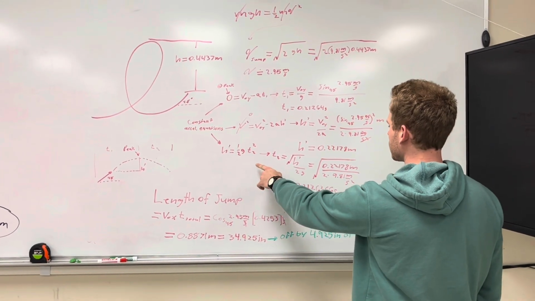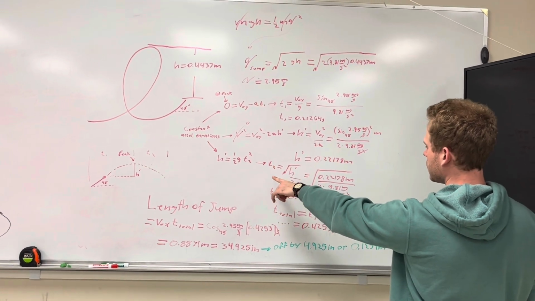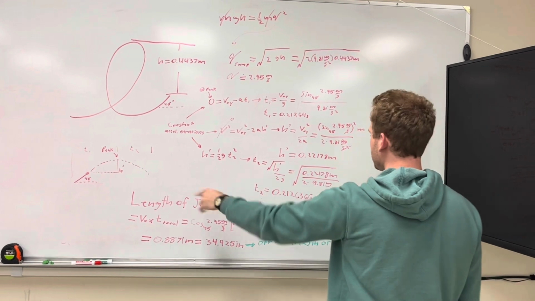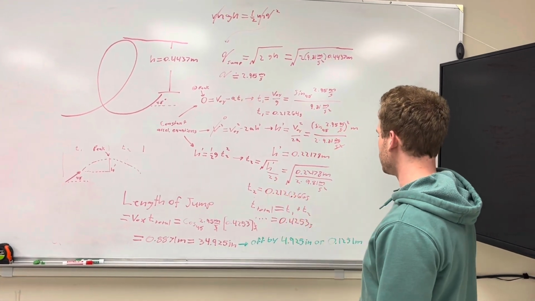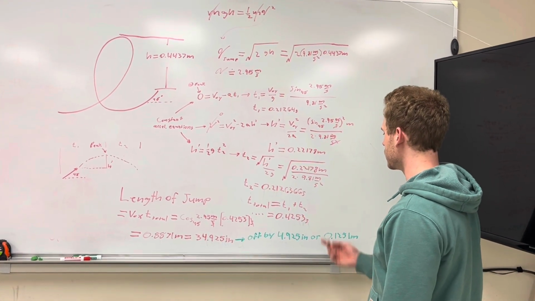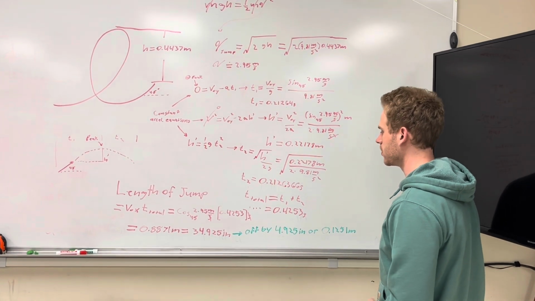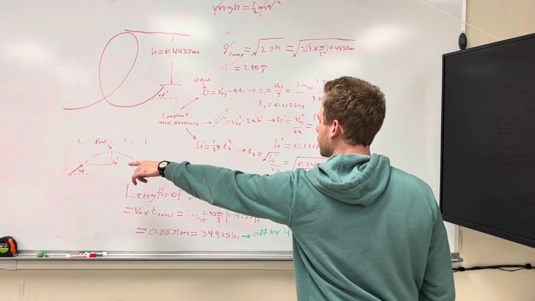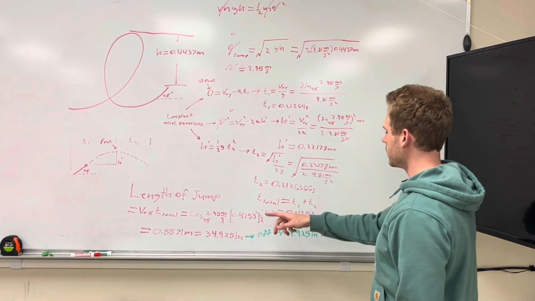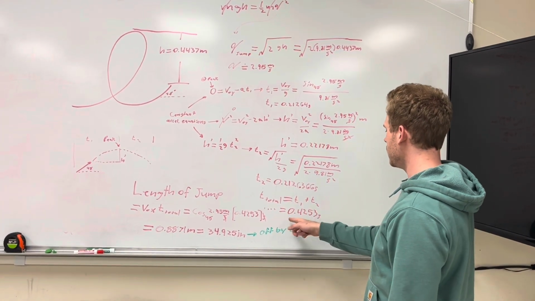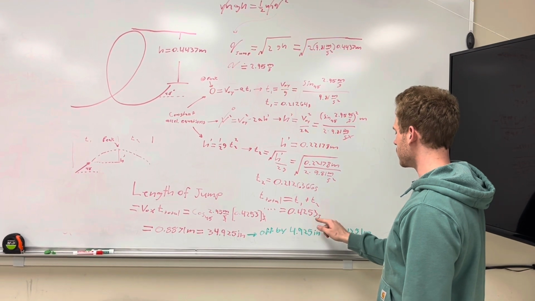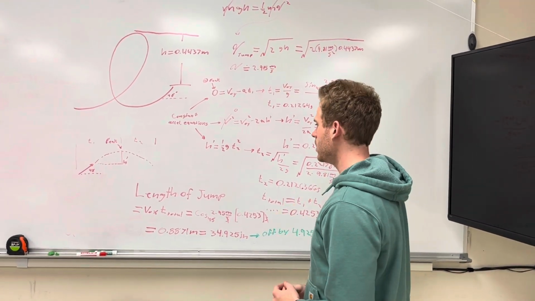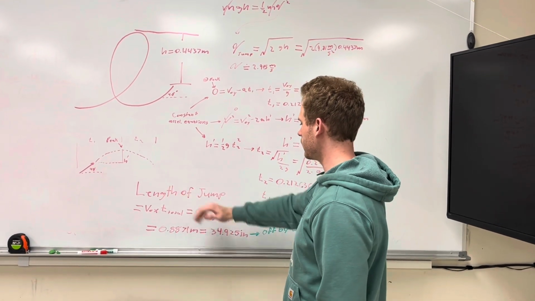Solving for T2, T2 equals the square root of h prime over 2g. T2 equals 0.2126366 seconds. So the total amount of time that the marble is going to be in the air is just T1 plus T2, which equals 0.4253 seconds. Now that we have the time in the air, we can find the length of the jump.